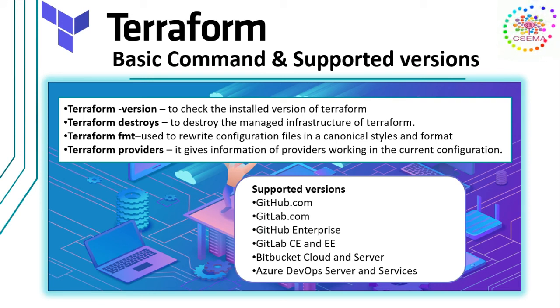The next one is terraform fmt. It is used to rewrite configuration files in a canonical style and format. Then we have terraform providers. It gives information on the providers in the current configuration. So these are the four basic commands we can use to identify the Terraform version, and we can also find out what providers it's currently using.